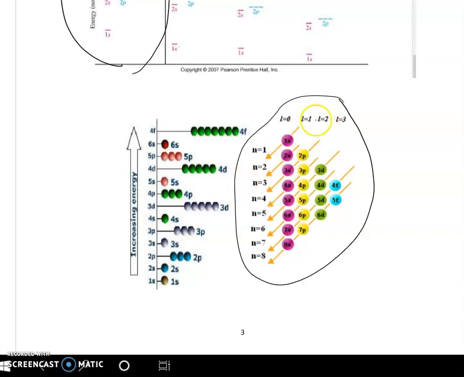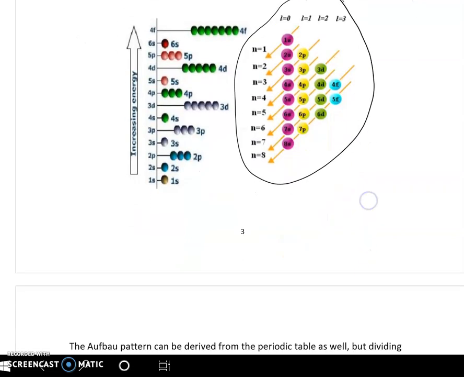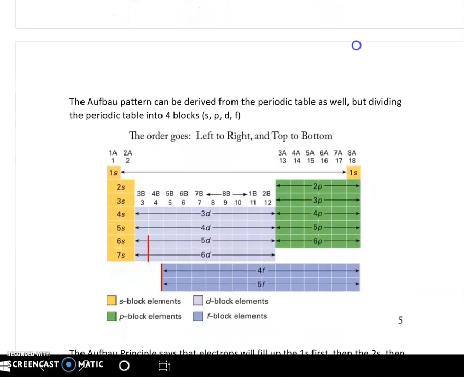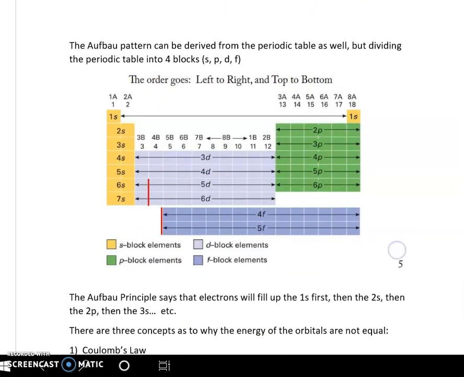Then you would count as a whole, 1s2, 2s2, 2p6, 3s2, 3p6, 4s2, and then it would go back down to 3d. So that is our building up, or the Aufbau principle. Hopefully that's just a little refresher for you guys. Then you can see the increasing energy over here as we go up to the f's. But this is how I teach it as well.